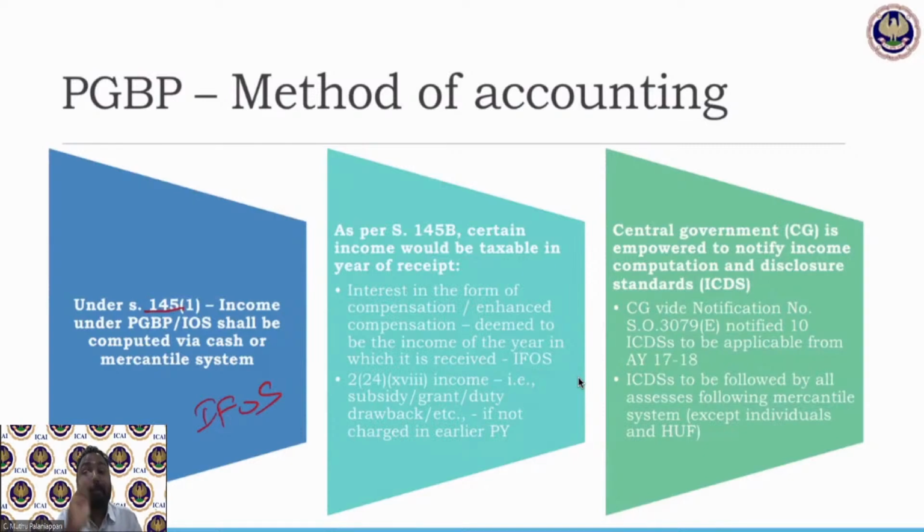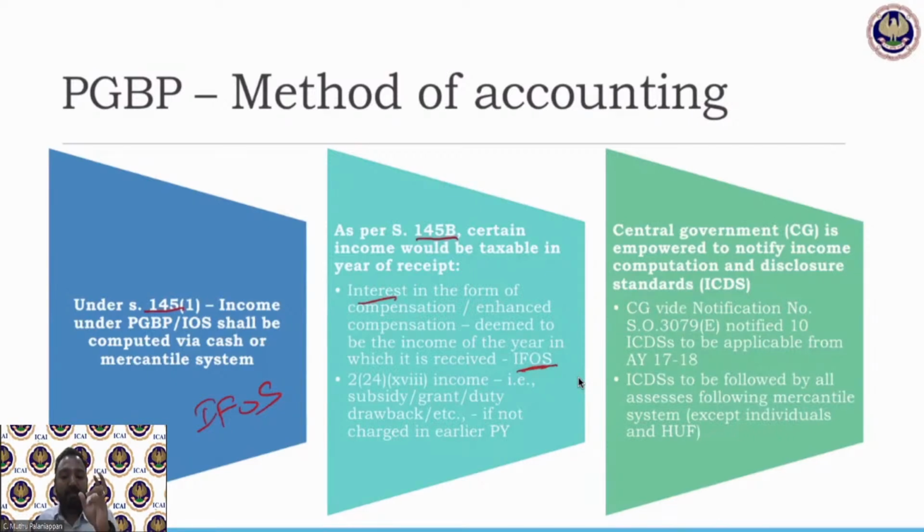But there are some exceptions, given in section 145B. It says that interest in the form of enhanced compensation is taxable in the year of receipt. This is categorized under IFOS. We'll see that when we discuss IFOS. Generally an accounting system should be followed in cash or mercantile system of accounting.